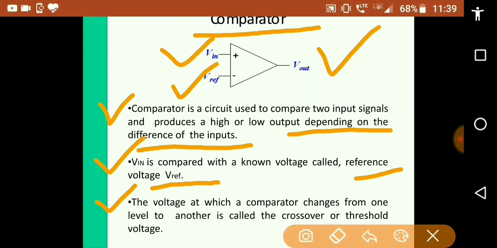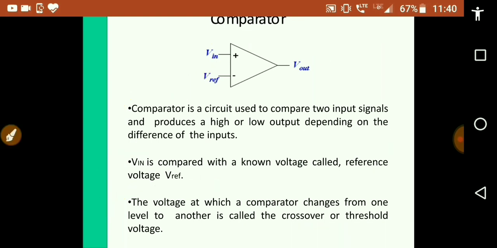A comparator is a circuit used to compare two input signals and produces a high or low output depending on the difference of the inputs.